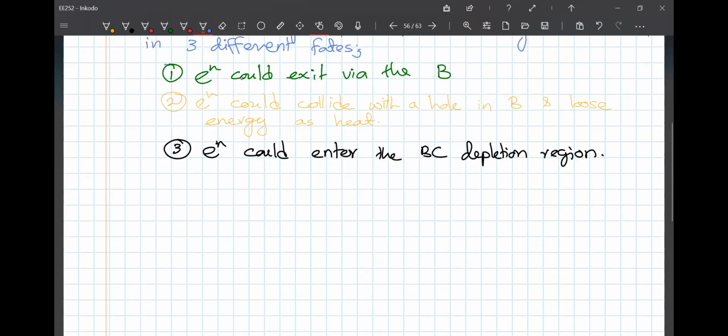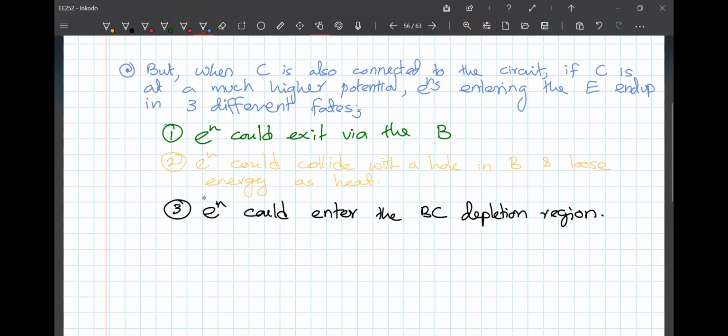Now, if I want to have this third option and minimize the first and second options, I want to make as many electrons as possible cross over to the base-collector depletion region, and I want to reduce the number of electrons exiting via the base as well as the number of electrons colliding with any holes in the base region. What can we do?